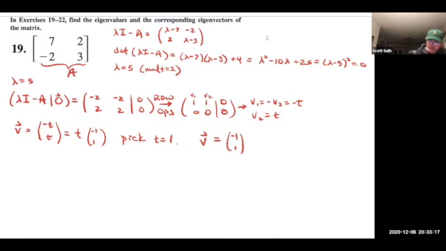You do lambda I minus A, which puts lambdas on the main diagonal here and here, but then changes all the signs of the numbers in A. So you have a -7, a -2, a +2, and a -3. So it's lambda -7, -2, +2, lambda -3.